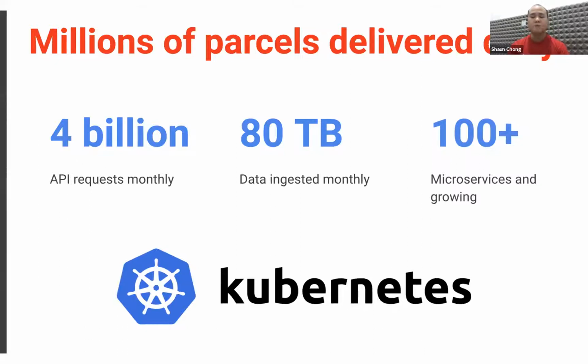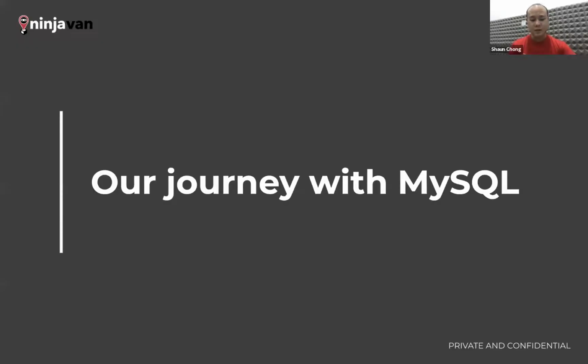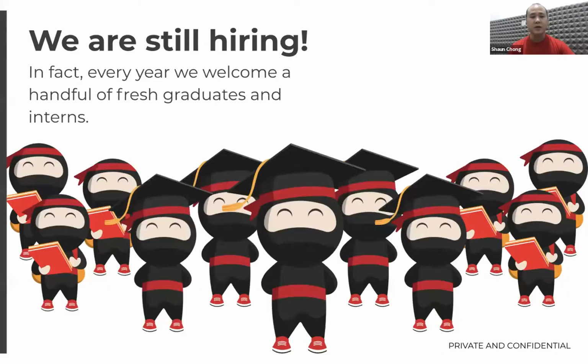But moving with the times, we're even in the process of shifting those MySQL servers into Kube, with the maturity of PVs and PVCs. Some of our databases are already in Kube. No prizes for guessing, most of our databases are on MySQL.